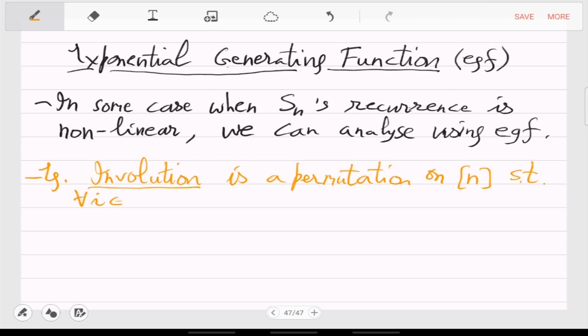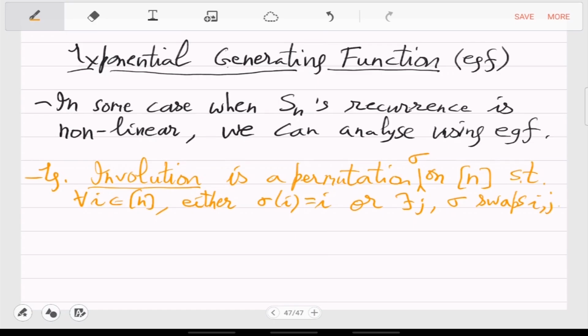So let's name this permutation sigma, such that either sigma fixes i or there exists a j such that sigma is swapping i with j. Is that clear?